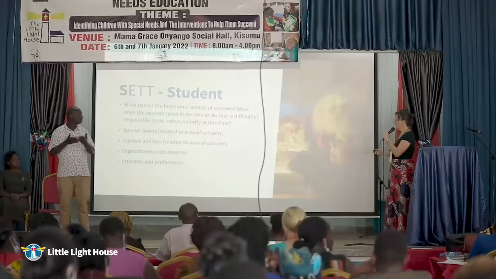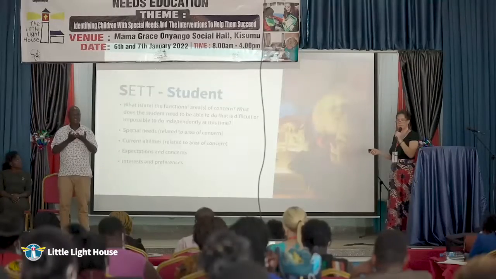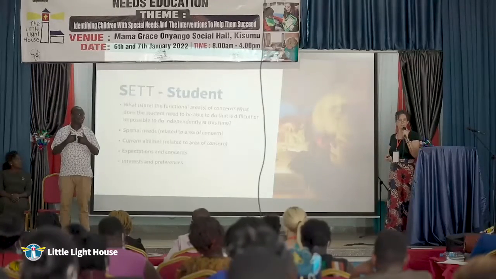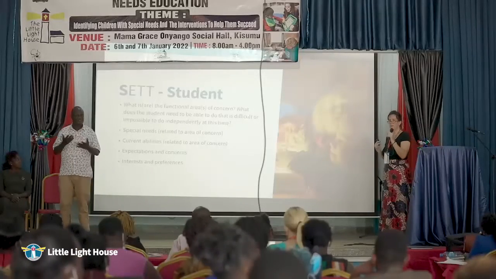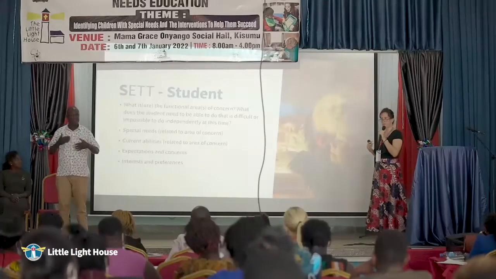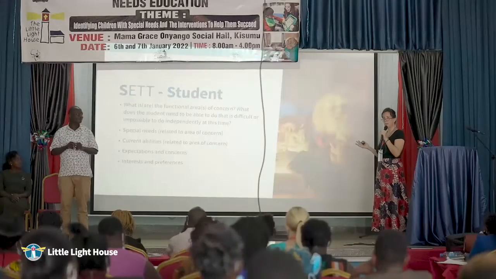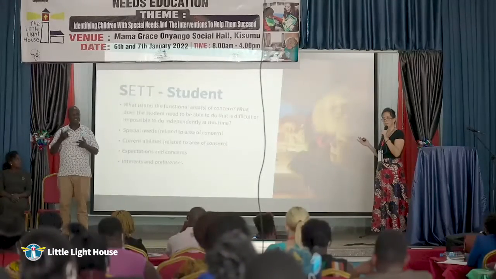What special needs do they have? Do they have a diagnosis that we understand? Maybe not. Do we have behaviors that we can observe? Always. So here we might not know a diagnosis, but we can observe.